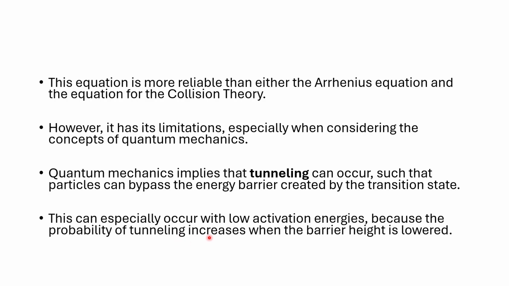This quantum effect is especially noticeable when there is low activation energy, because the probability of tunneling will dramatically increase when the barrier height is lowered. Since transition state theory does not inherently account for tunneling, it can underestimate the rate constant in these cases.